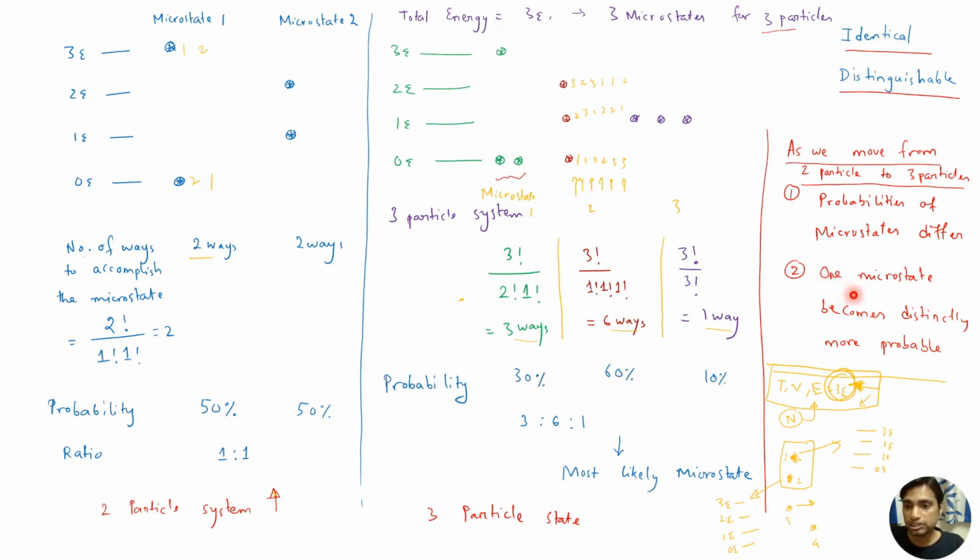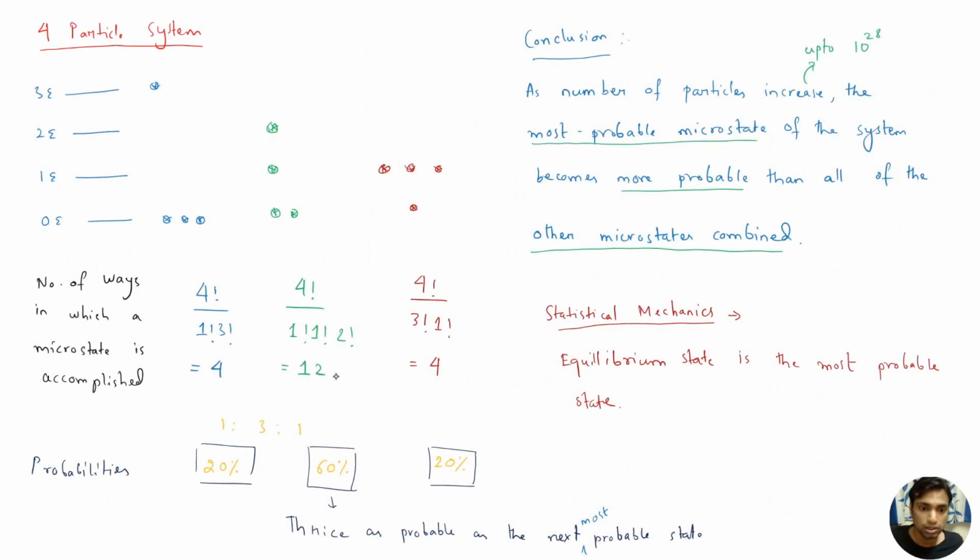Another observation is that one of the microstates is becoming distinctly more probable. Here you see the 60% is twice as probable as the 30% microstate. But here the most probable one is 60%, it is thrice as probable as the next most probable microstate.